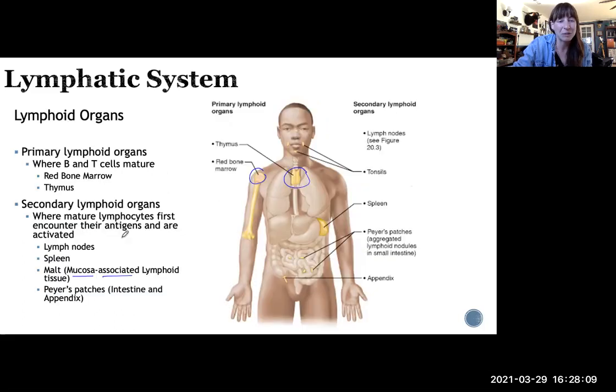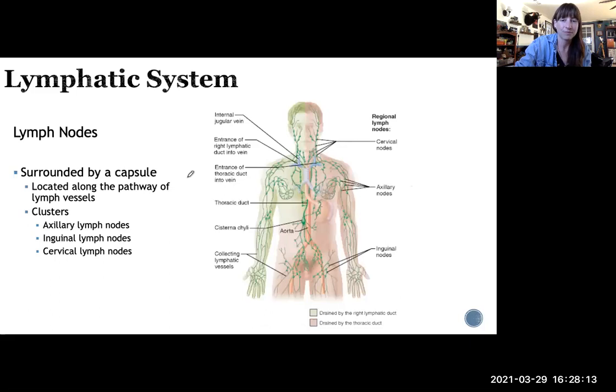All right, so let's go into a little bit more detail on each of these, starting with your lymph nodes. Again, the lymph nodes are these little lumps found along the lymphatic vessels.